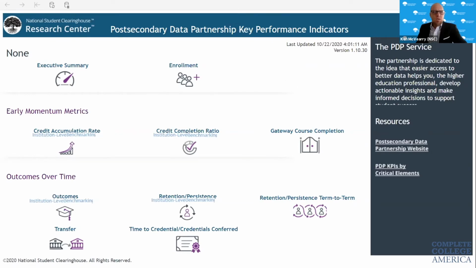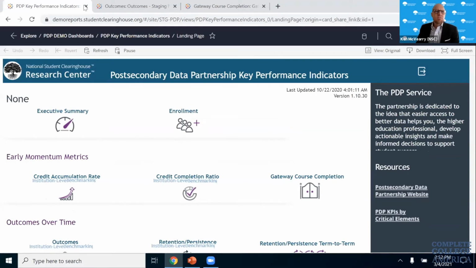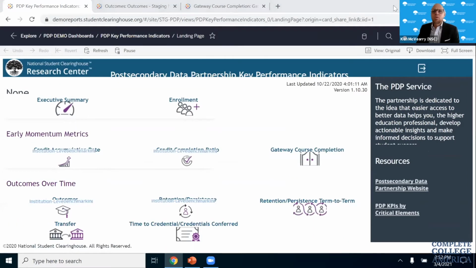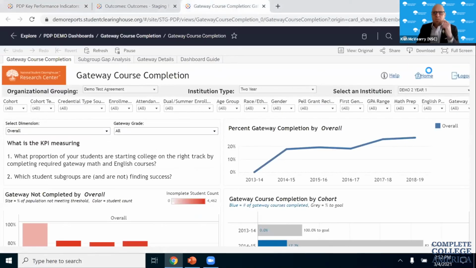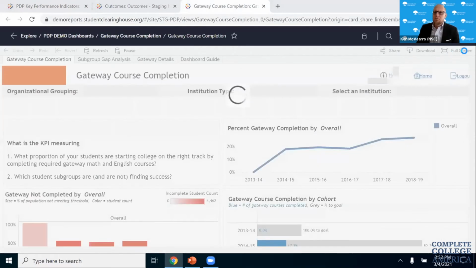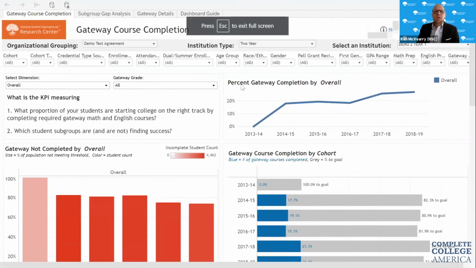So what I need to do right now is have that thing go away so I can take a look at something. So high level overview, we have some big picture dashboards around executive summary and enrollment. We have these early momentum metrics I talked about, and then these more traditional outcomes over time. If I open up something like Gateway Course Completion, one of these early momentum metrics, this wants to spool up for me.